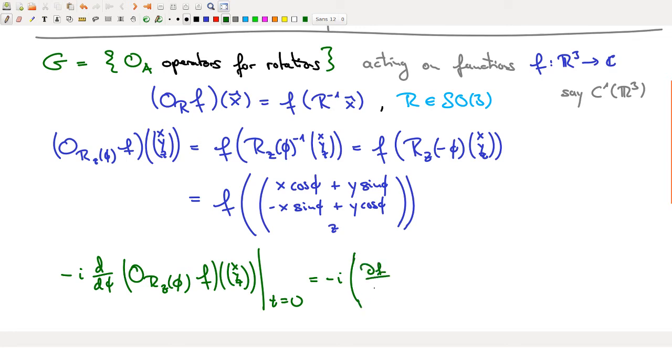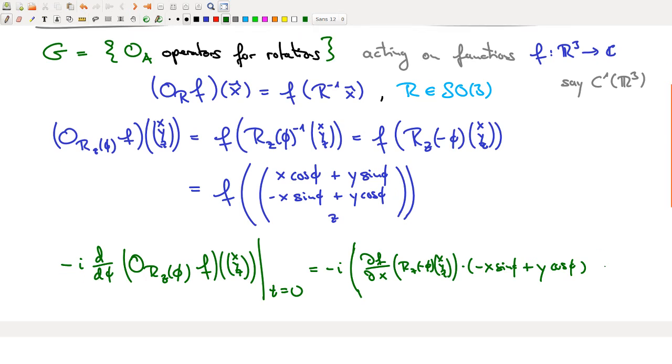There's a df/dx evaluated at the same thing as before, let's say Rz of minus phi times x, y, z. And then from taking the derivative of this here, we get a minus x sine phi plus y cosine phi.